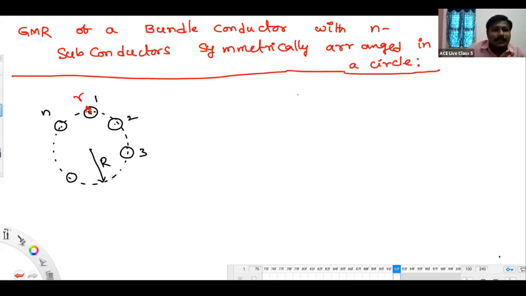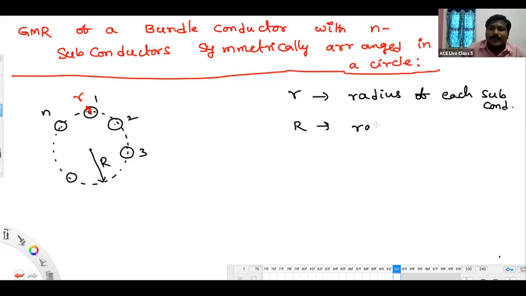Capital R is the radius of the circle, already we said, and small r is the radius of each subconductor.